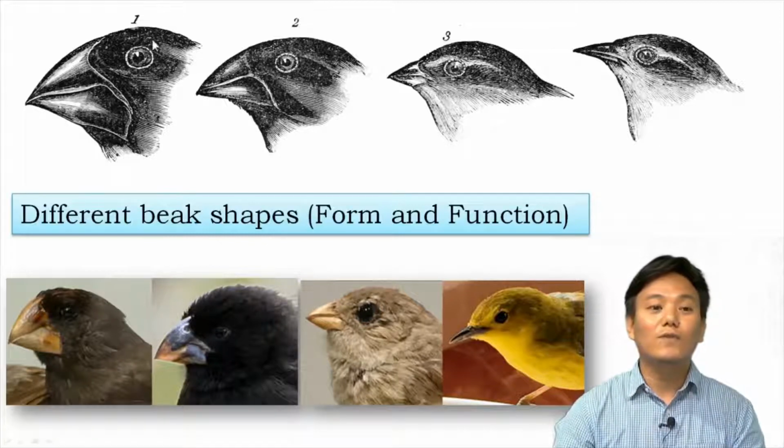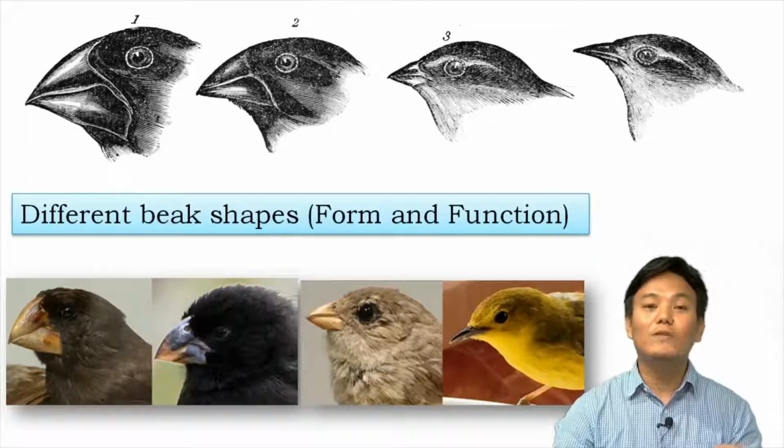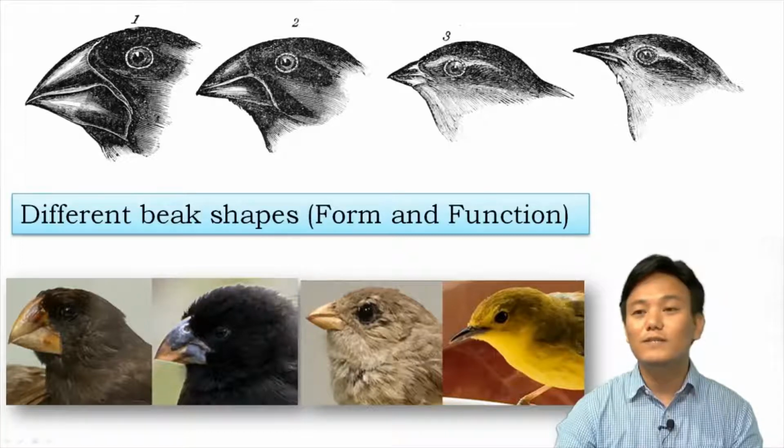If you look at this particular bird with a large beak, it is a large ground finch. This finch eats large tough seeds, so in order to break open the seed coats of those large tough seeds, it has a large beak shape. Whereas this warbler finch has a small pointy beak because it eats insects.